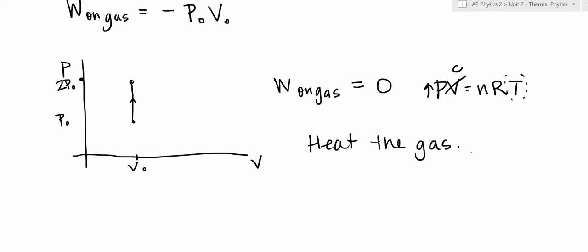The molecules inside the coil start hitting each other even more, and so then energy is conducted through the metal plate, through the glass, through the water, and into our flask. All right, so we can actually add energy to the system by heating.